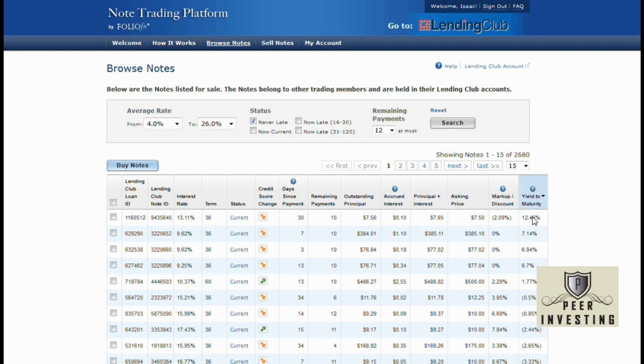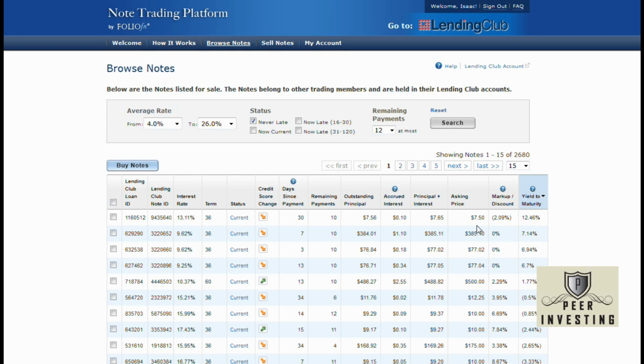Now I get to the notes that are showing me a positive return. As you can see, some of these are mid to high range interest rates, but like I said, that's not too big of a deal to me because I'm more concerned about just making sure all of my money is invested as soon as possible, as soon as I get those payments back.